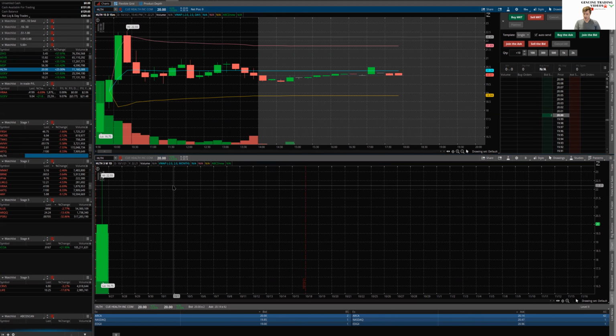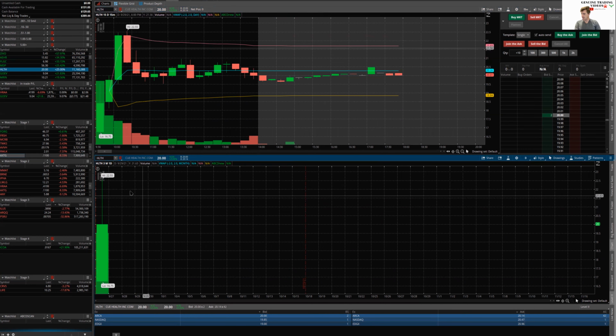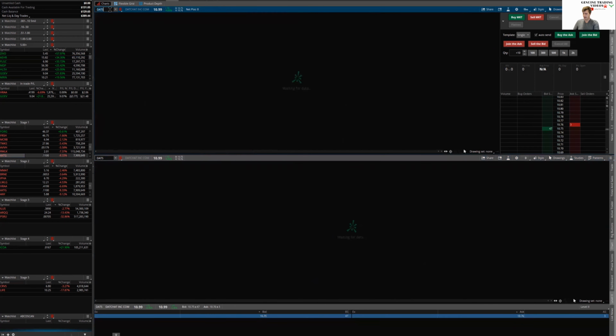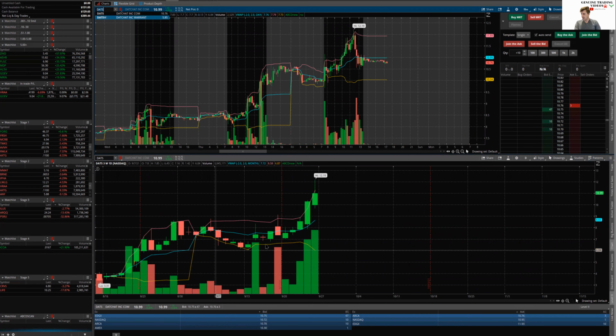Now you're probably wondering why I'd be taking a stock like this, even though it's just a new IPO. One of the things that I've noticed with the newer IPOs is that they'll end up having a pretty big run on the first day or second day, but then what they end up doing is creating the stage 2 pattern. So here's a good example of what I was talking about.